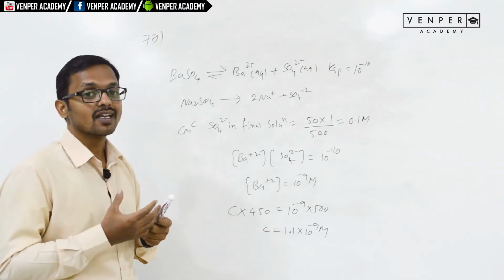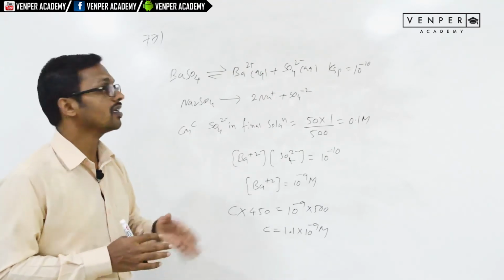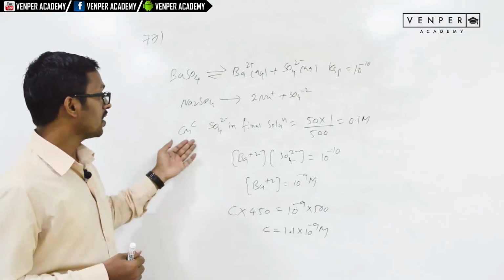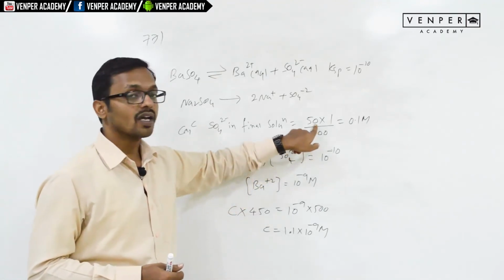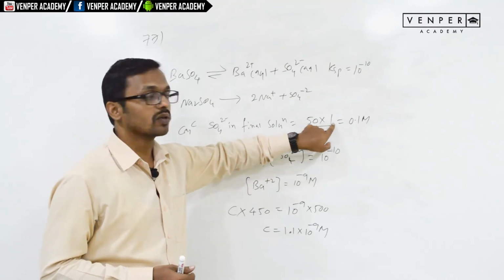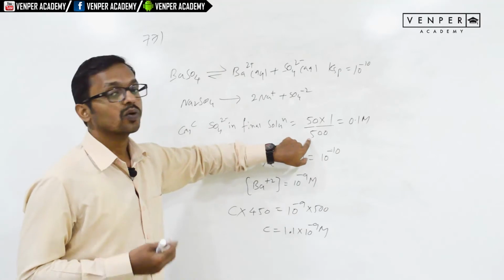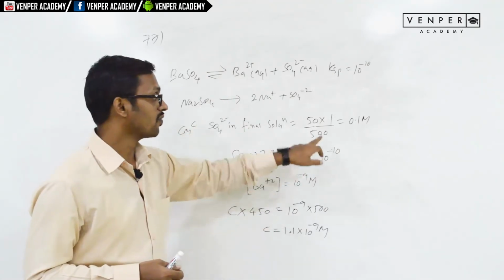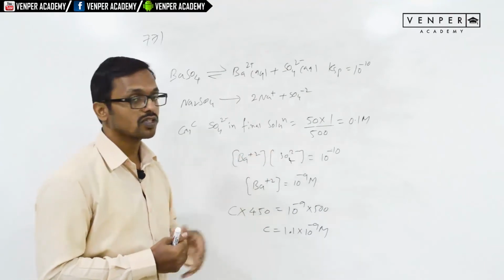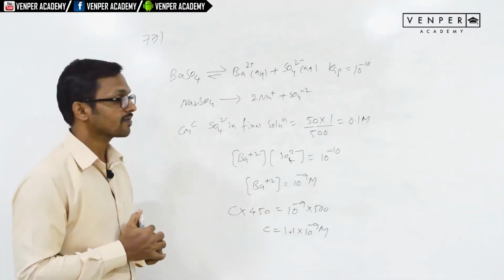So finally we can say the sulfate ion concentration is nothing but the concentration of the sodium sulfate. So here concentration of the sulfate ions in the final solution is equal to 50 ml of sodium sulfate into 1 molar of Na2SO4 by total volume after the addition of sodium sulfate to the barium solution, which is 500. So we are getting 0.1 molar for sulfate ions.